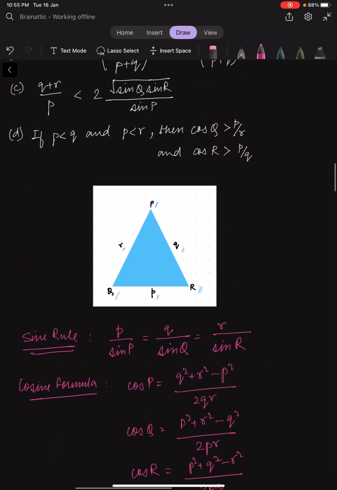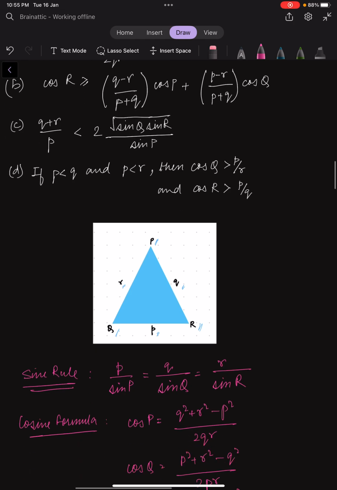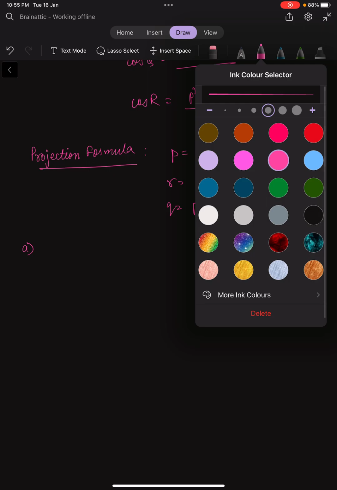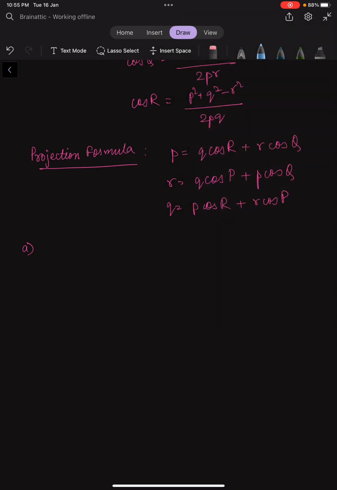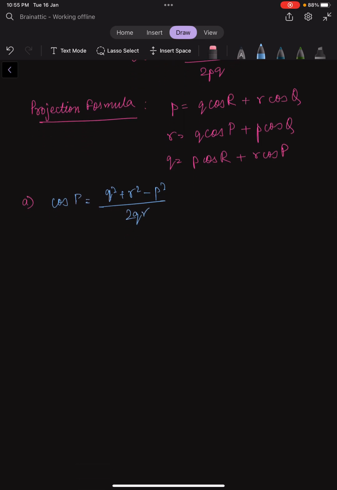Now we'll pick up one option after the other and try to identify the inequalities which are given in them. So for the first option, we have cos P is equal to q square plus r square minus p square by 2qr. This from the formula itself we know, and we'll mark this as equation 1.